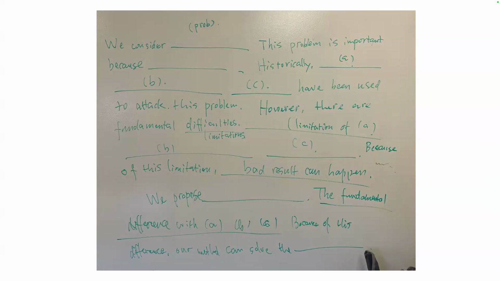And then the problem is important because it will benefit a lot of audience, or the problem has been attacked by the community for many years. You give a reason why this problem is important.